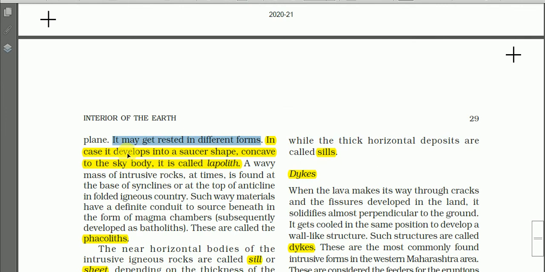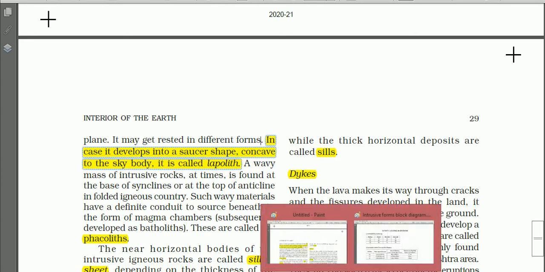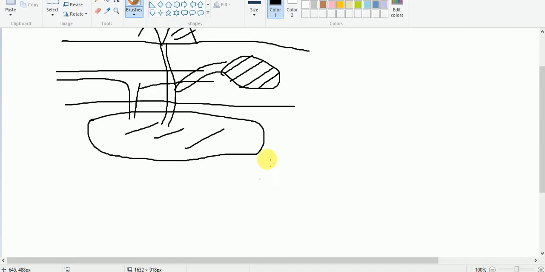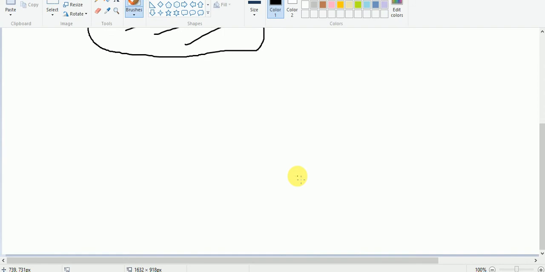In case it develops into a saucer shape concave to the sky, it is called a Lapolith. Let me draw another one.